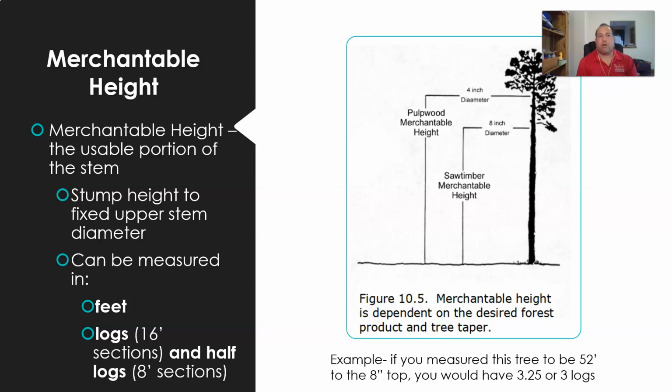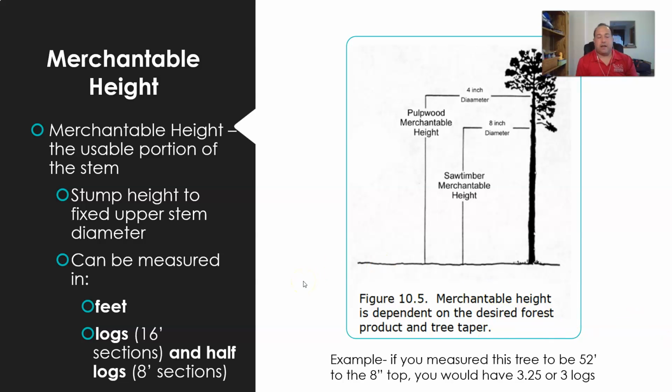It just depends on what your company says to do, or just whatever consistent pattern that you have come up with to prevent bias in your numbers. So for me, I round it down just to make sure that I'm not overestimating. And so if I measured out 52 feet on the clinometer, I would say it's a 3-log tree.